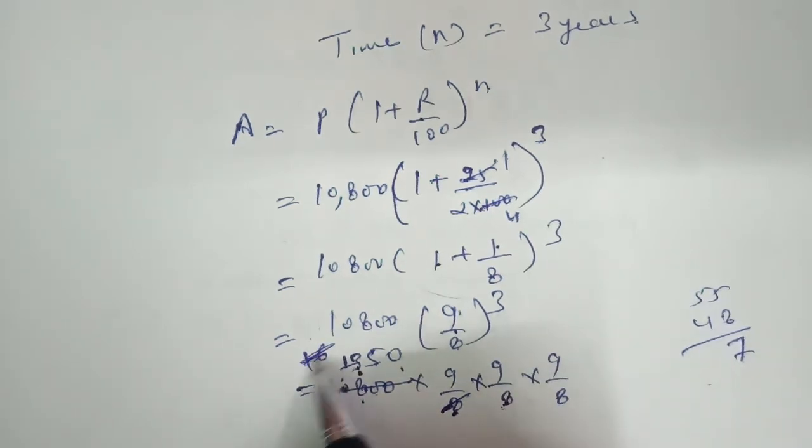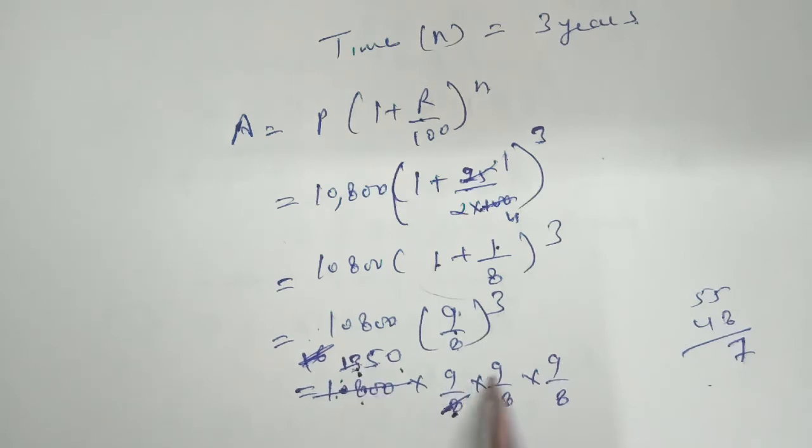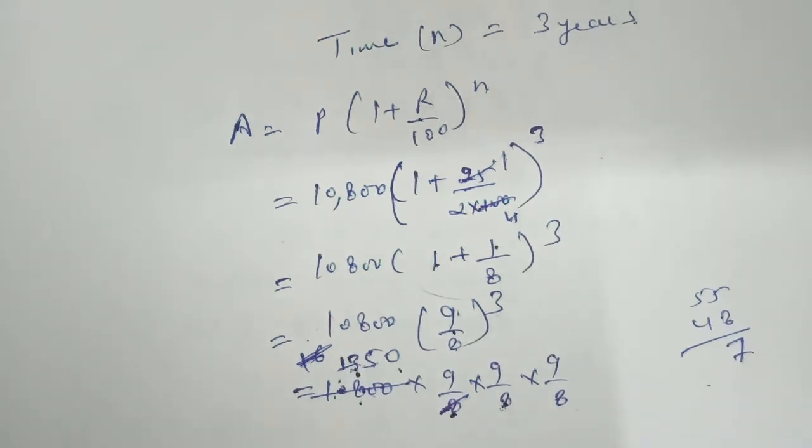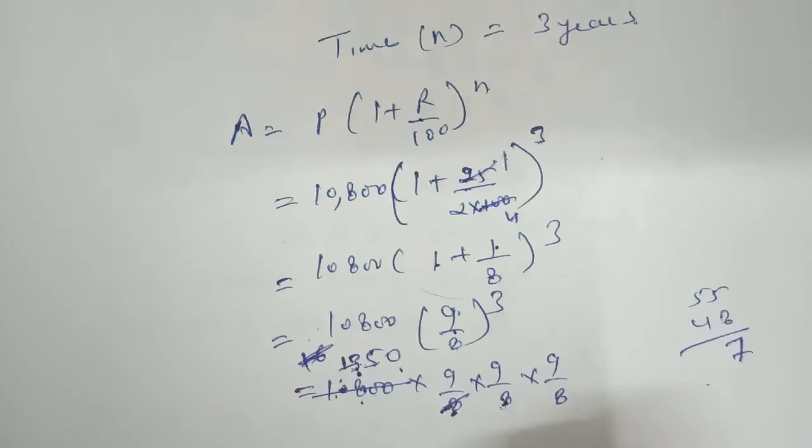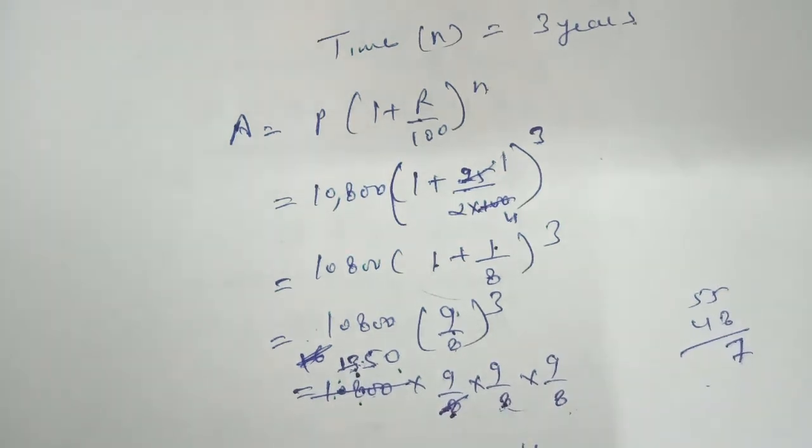It means it cannot be cancelled. So we multiply all these terms, and at the denominator we multiply both the 8s. After calculating this, we get 15377.34 after dividing by 64. So the amount is 15,377.34 rupees.